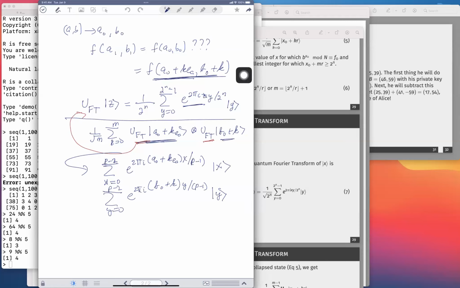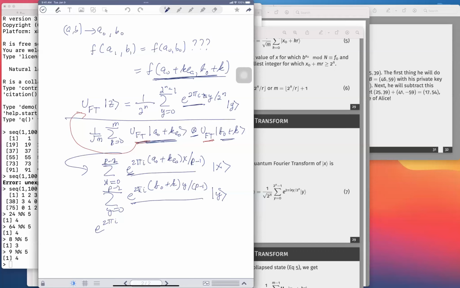Now, since this is a multiplication or tensor product, we can multiply this factor with this factor, okay, to get e to the 2 pi i. But when you multiply two exponentials with the same base, what you do is just add the exponents. This is because they have the same base, which is e.